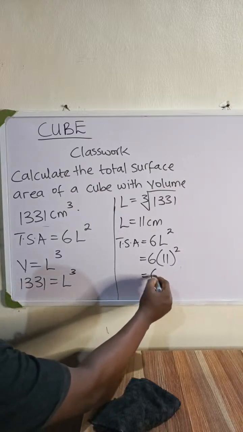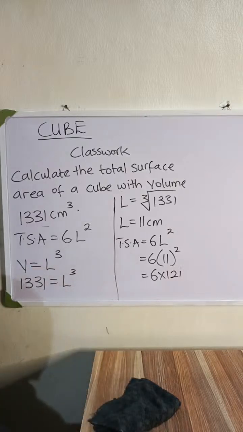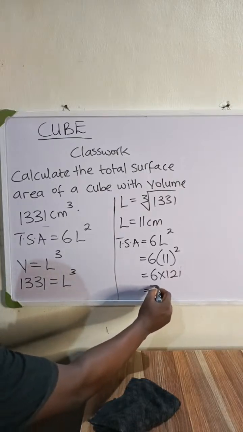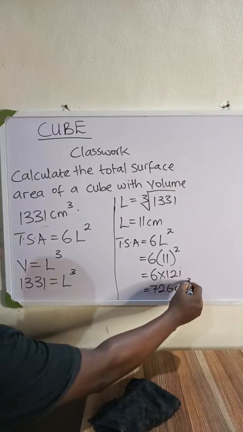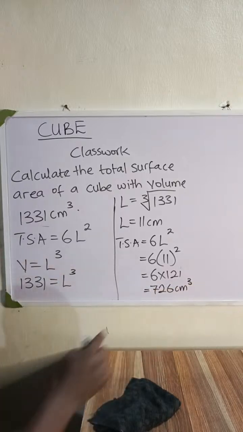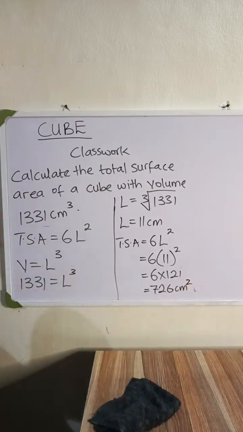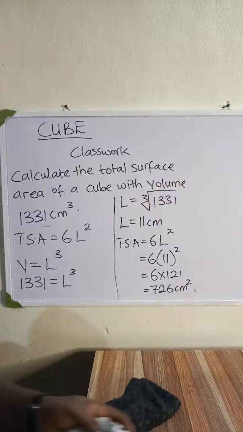So we have 6 times 121, which will give us 726 centimeter cube. Sorry, centimeter square. That gives us the answer to this question. 726 centimeters square. That is the total surface area of this cube.